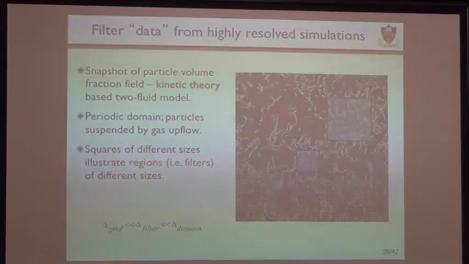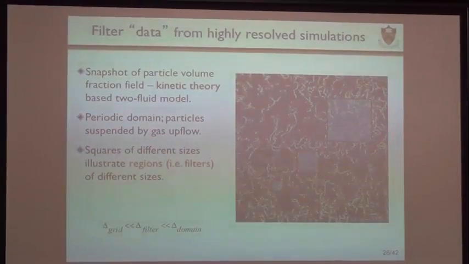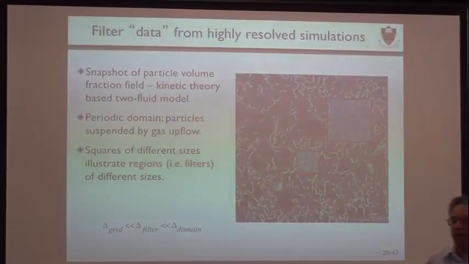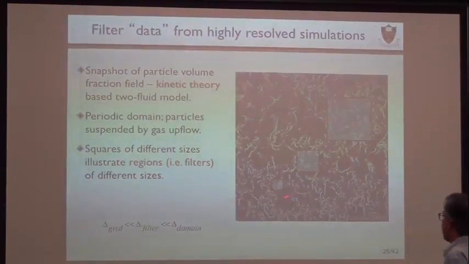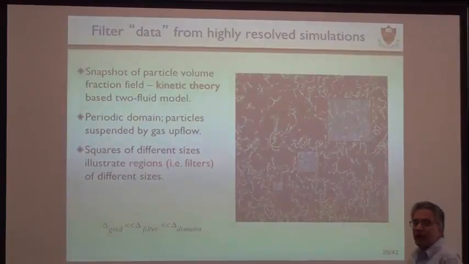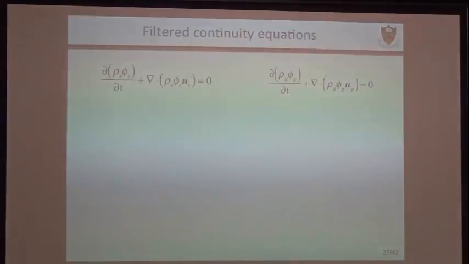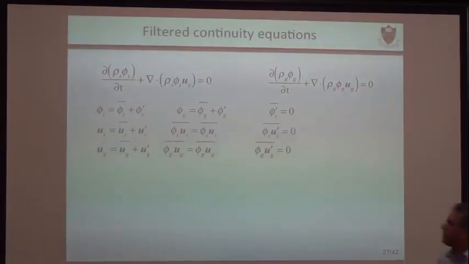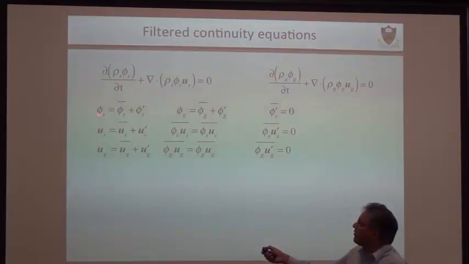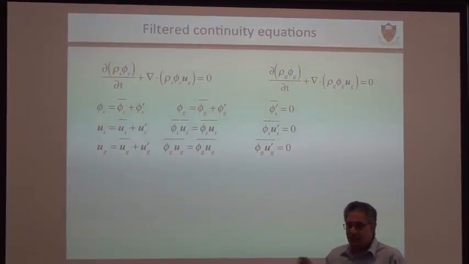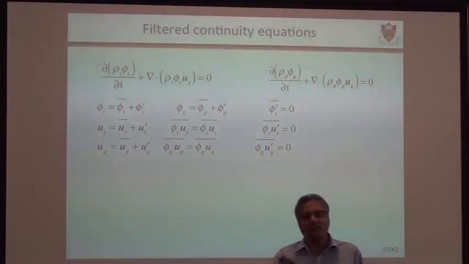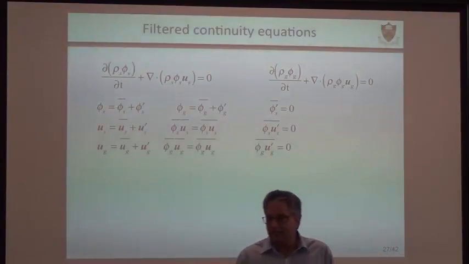And then we post-process them in many different ways to extract as much information as we can about the fine structure. We take the data, we filter it at different length scales, and then we look at all the quantities that we need to develop a filtered model. When you look at the filtered model, these are the original models I showed you. This is the actual volume fraction, this is the filtered quantity, and this is the fluctuation, exactly like the way we think of it in Reynolds averaging kind of approach.